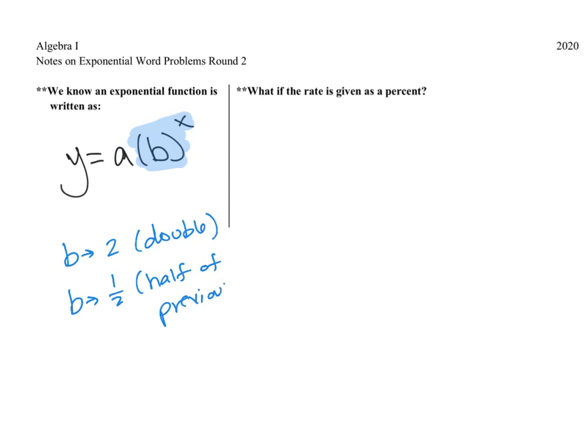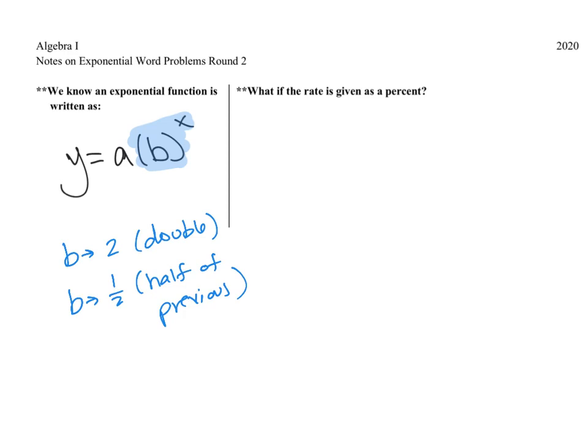And so, that's not a percentage. That's just giving the actual number that you're going to be multiplying by, right? If I'm tripling, I'm going to have a base of 3. If I'm 3/4 of the previous, my base is going to be 3/4. And so it's been very straightforward what the b value is. It's given in the scenario.